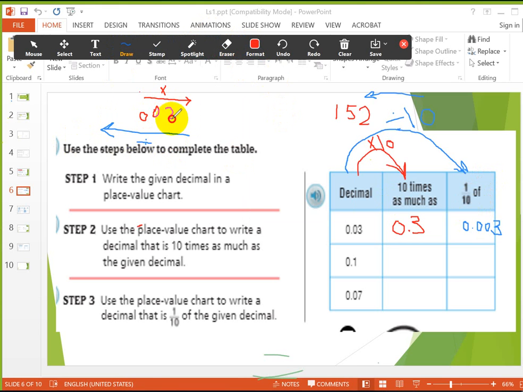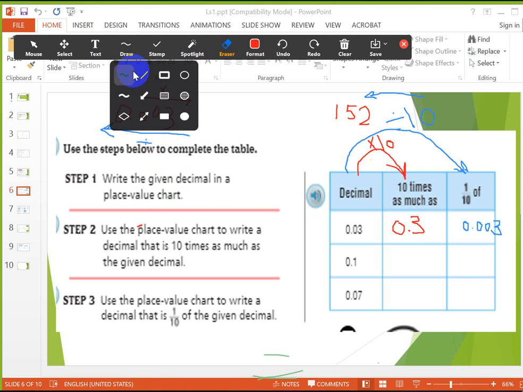If I move the decimal point to the left side, because I want to divide it by 10, it will be right here. Here I don't have any number, so I will put 0. So the number will be 0 point what? If you erase this and move it, it will be 0.003.